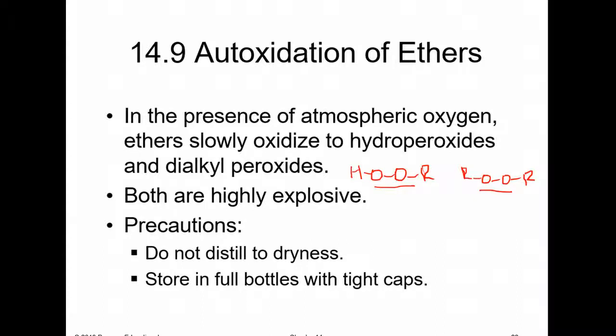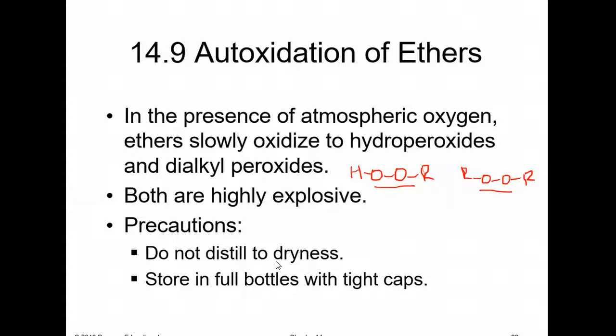Ways to avoid them: if you do a distillation on ethers, do not heat until the round bottom is completely dry, because peroxides will then overheat and explode. If you do have a bottle of ethers, they usually have a date that you have to use them by, because the amount of time it takes to oxidize with oxygen is usually short.